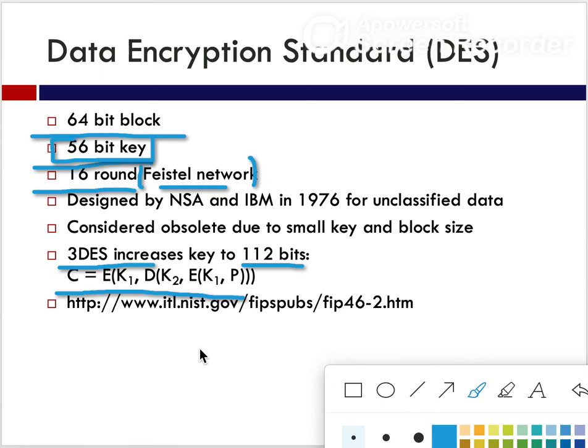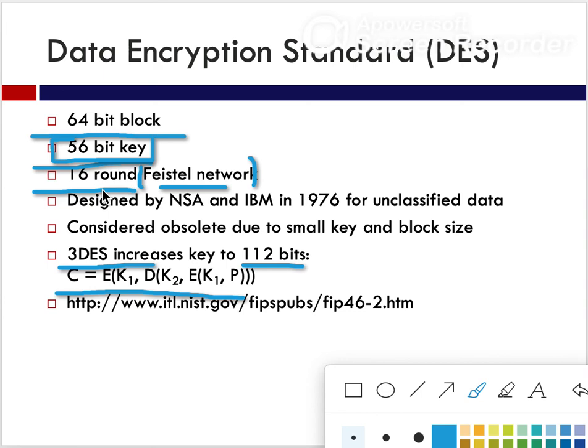Triple DES can solve the problem only temporarily, because applying DES even one time is computationally intensive. One time is 16 rounds, and when you apply it 3 times, it will have 48 rounds, so it becomes slow. Triple DES is a slow algorithm, and we want an algorithm which is computationally efficient.